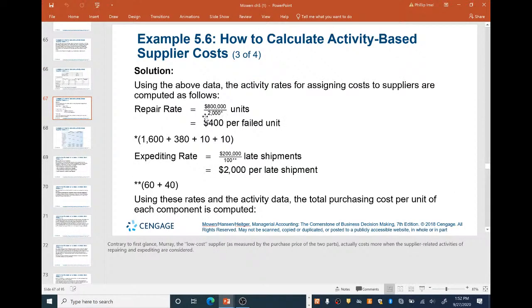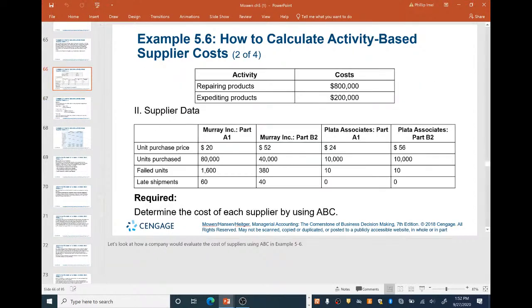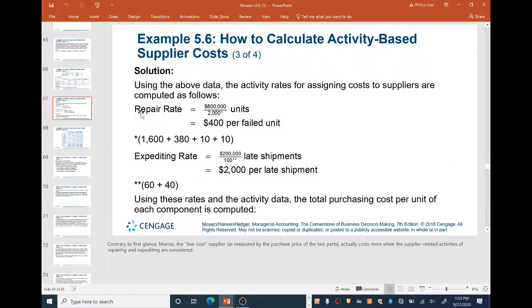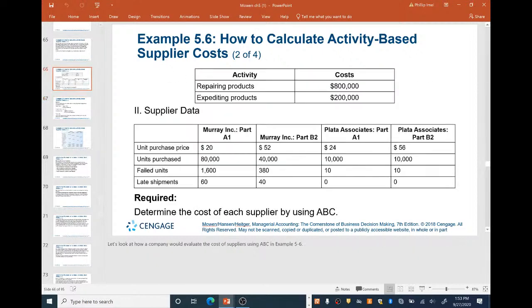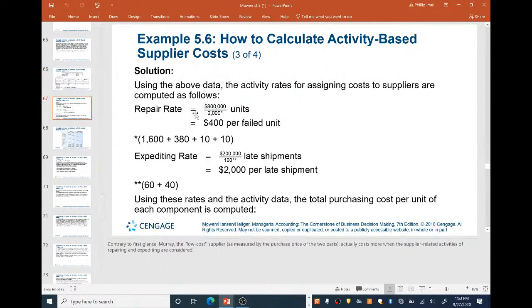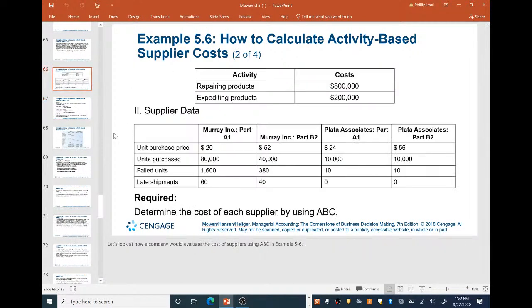The 2,000 units is just the total units of failed units: 1,600, 380, 10, 10. So the repair rate is the total cost given to us up here. Repairing products cost, 800,000, is your numerator. Your denominator, the 2,000, is the total units.